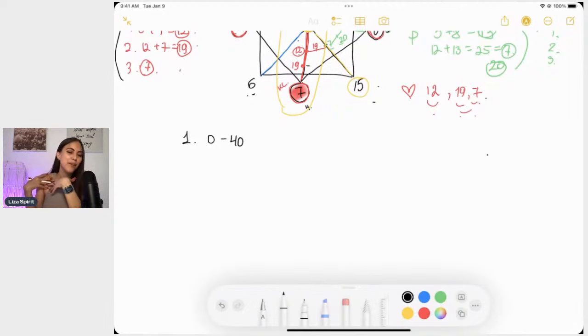In my opinion, it would be better to break it down from 0 to 20, then 20 to 40, but maybe I'm going to come up with some system later on. I just don't like that it's from 0 to 40. That's a lot. But the first one is 0 to 40 years old.